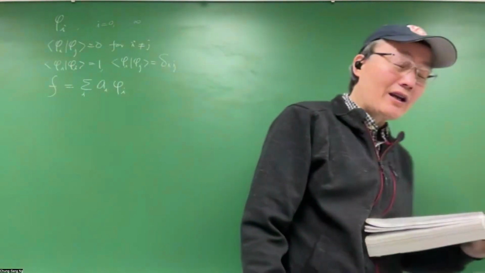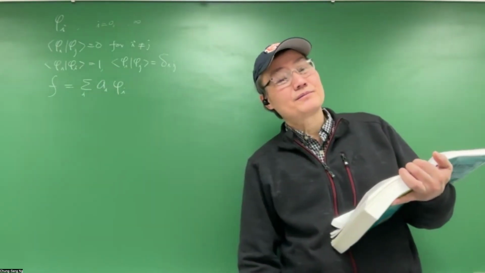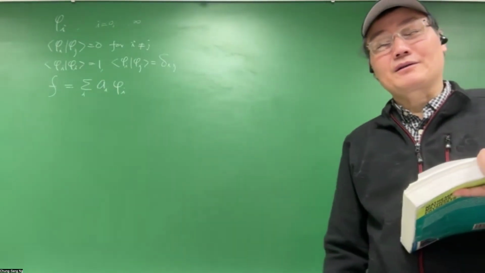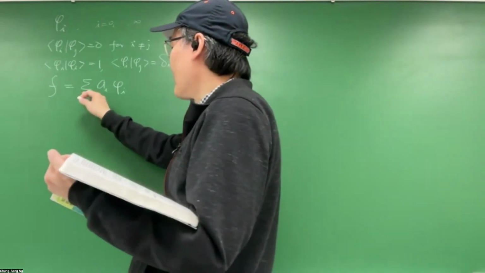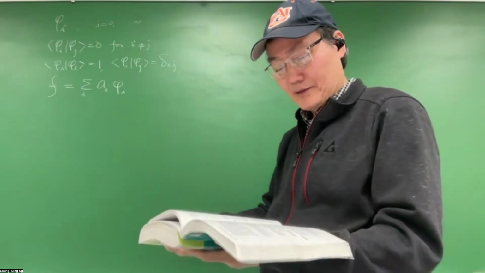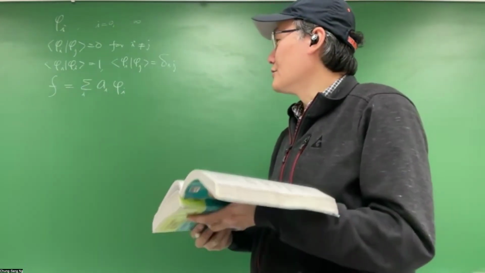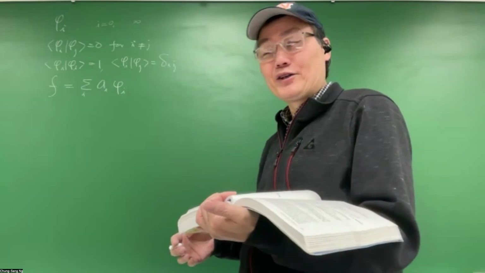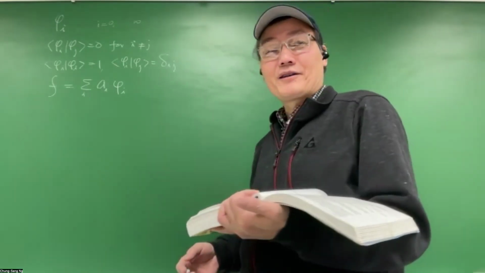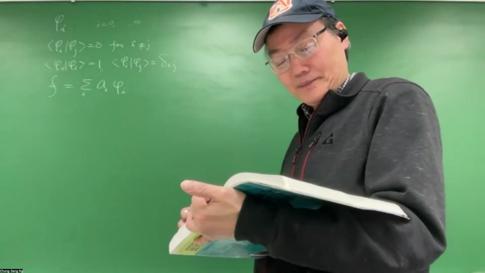If it's an infinite number of bases, obviously you need to have some convergence condition. You make sure this sum converges, and that's an extra condition. Usually we just assume they converge until you find an expansion that is not converging.